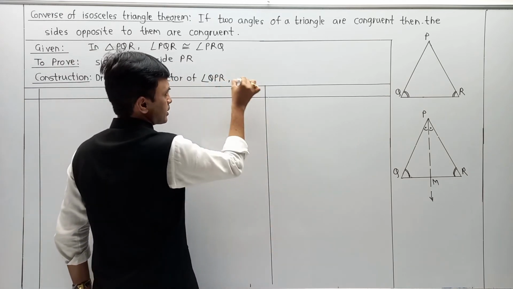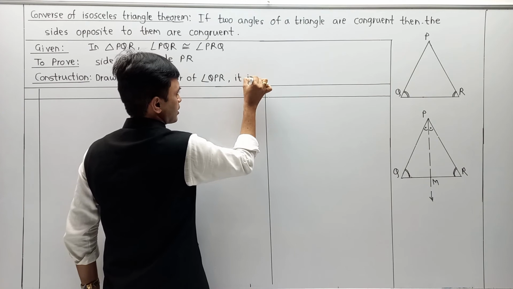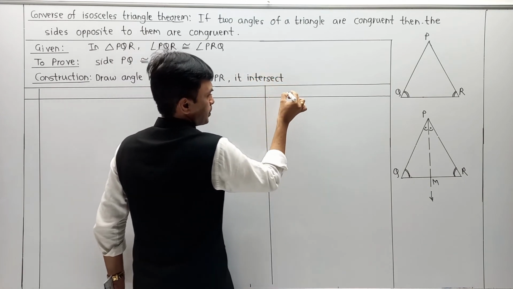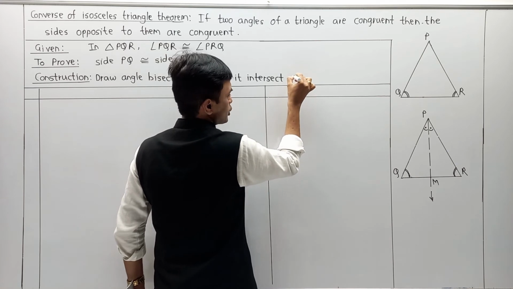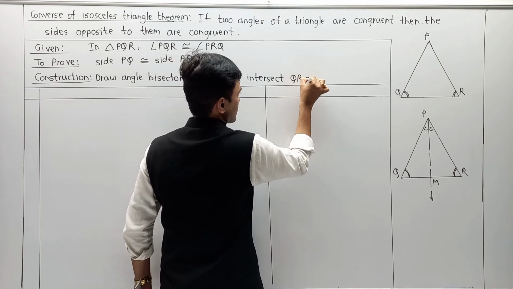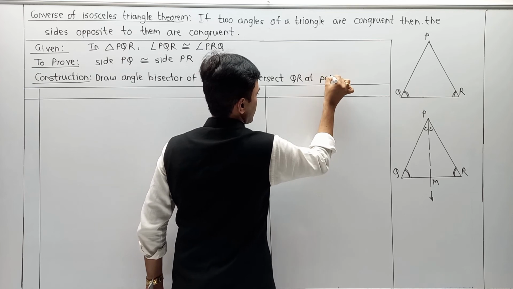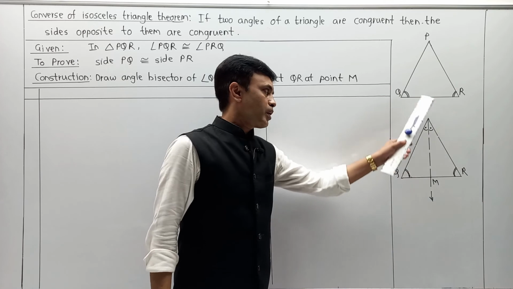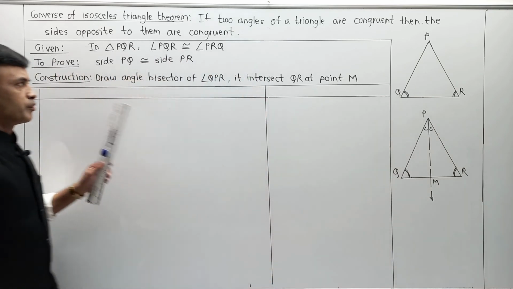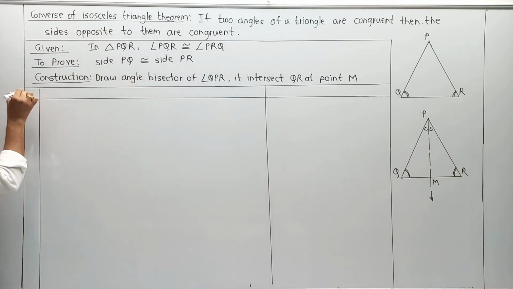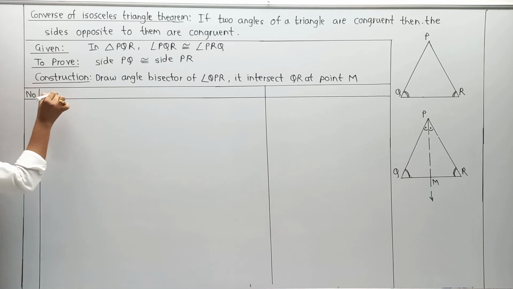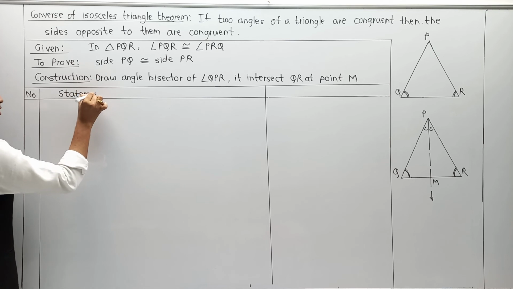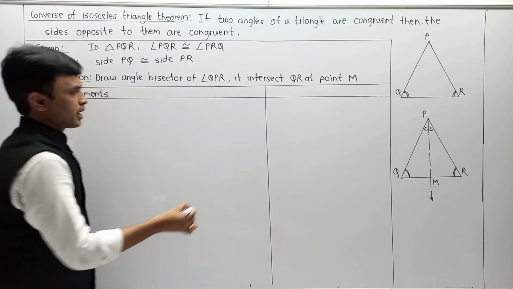It intersects QR at point M, that is PM. It intersects QR at point M. Now we are going to write the proof, and again the proof in the form of numbered statements and reasons.